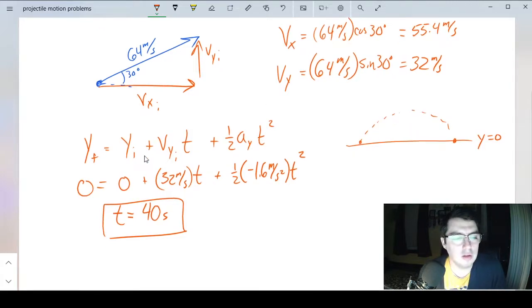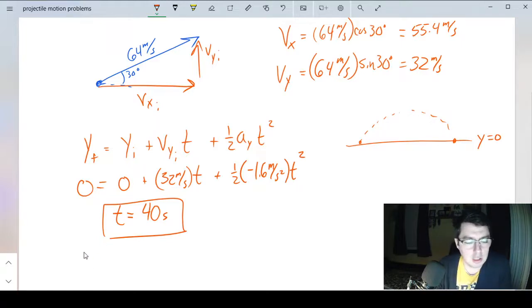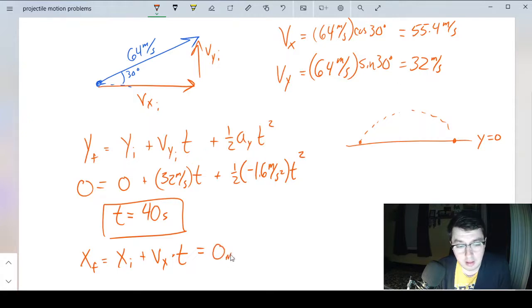So if I use that time in the x direction, I know that x final equals x initial plus vx times our time. Well, we started at 0. We have our x velocity of 55.4 meters per second.